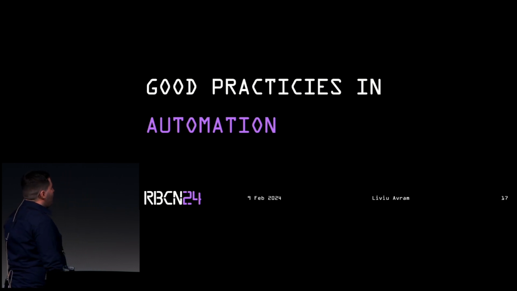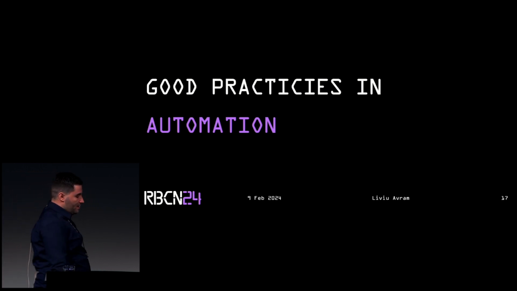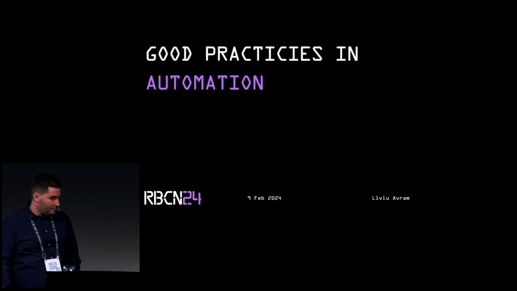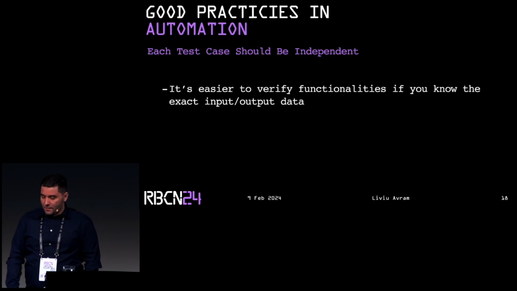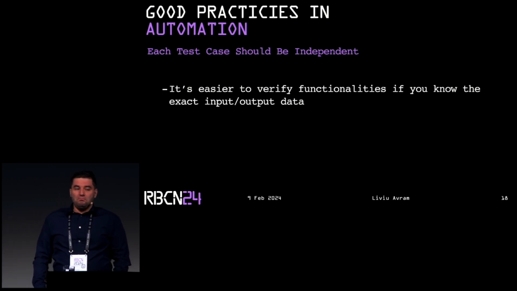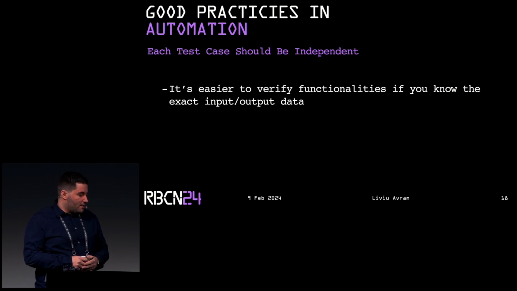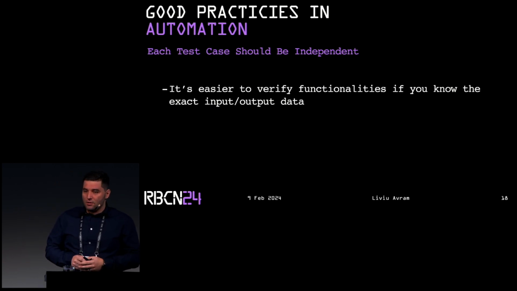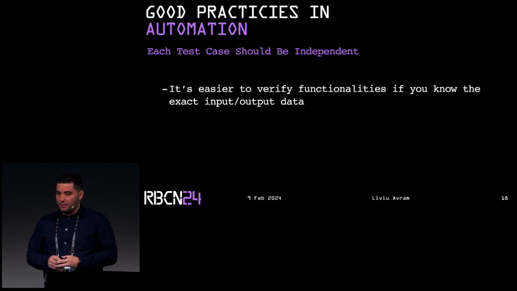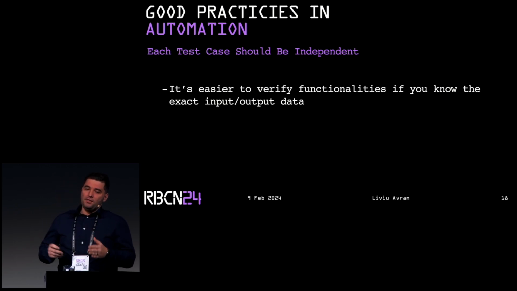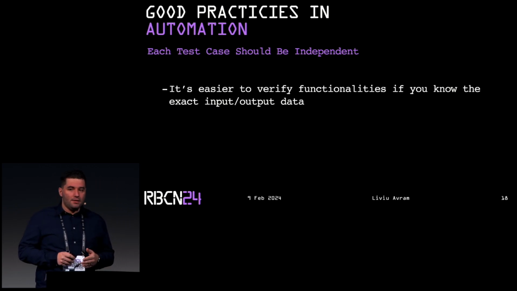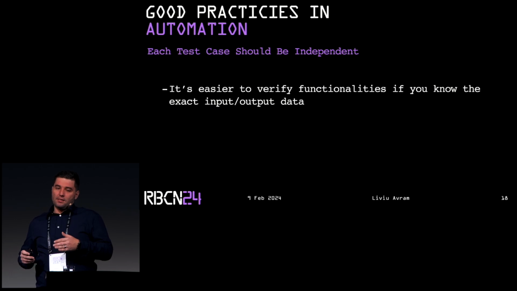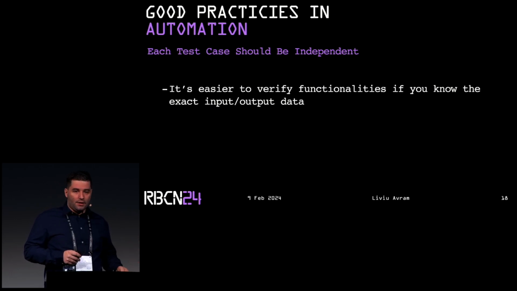Now, let's look at some good practices in automation. The first and maybe the most important is that each test case should be independent. It makes it easier to verify functionalities if one test does not rely on another test.